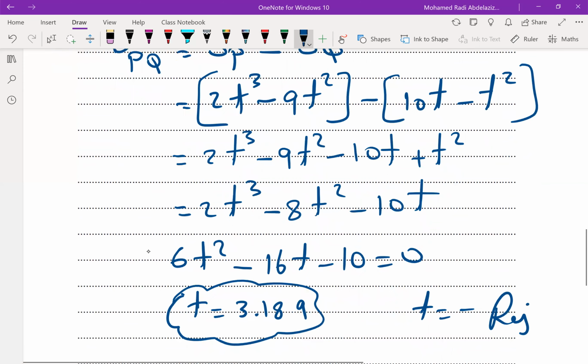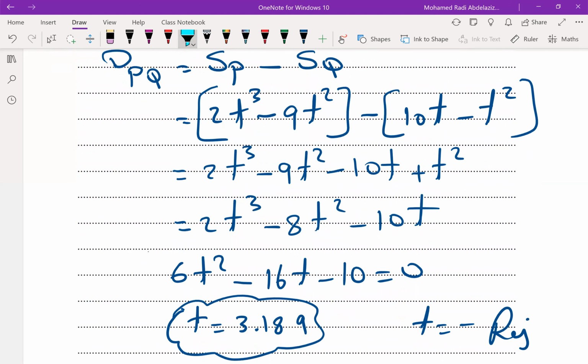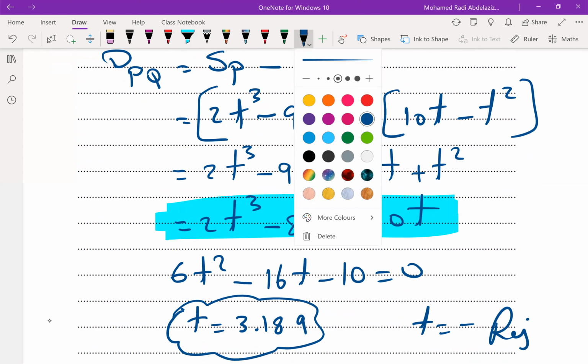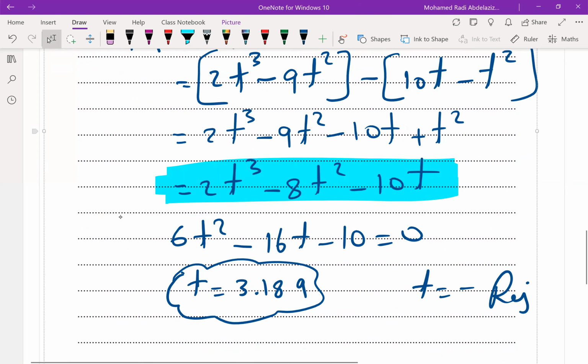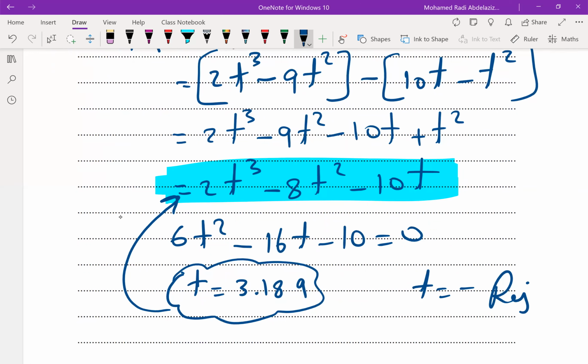If you substitute now in the expression of the displacement, using t equal to 3.189: 2 times 3.189 to the power of 3, then minus 8 times 3.189 to the power of 2, minus 10 times 3.189.